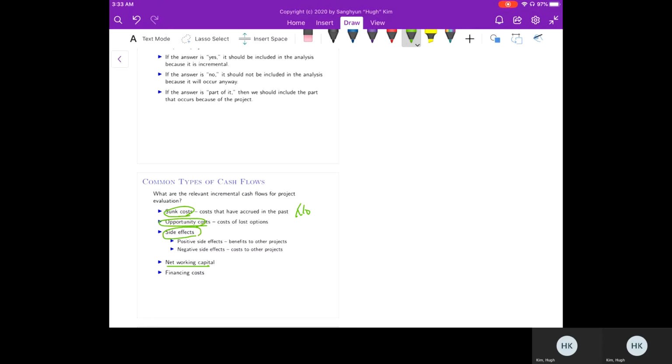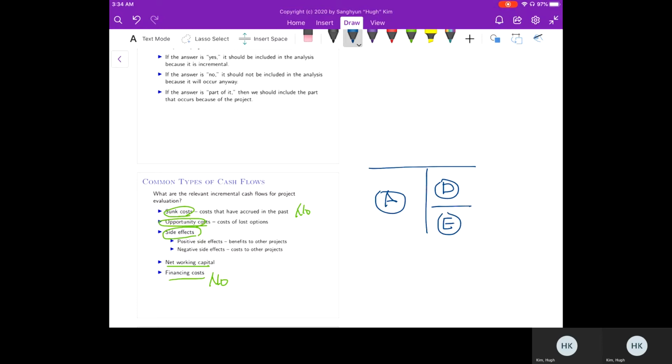How about financing costs? Well, financing costs are relevant and real, but for capital budgeting analysis, financing costs are not relevant incremental cash flows. We analyze the cost of capital separately from the project cash flows. The firm has assets on the left side and debt and equity on the right side.